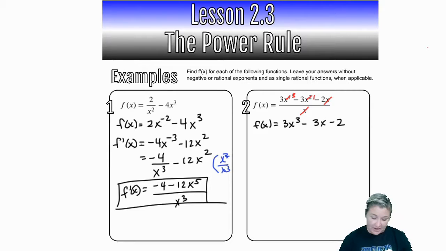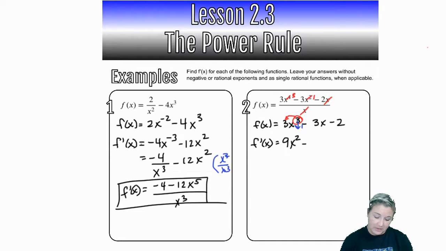So now I'm going to find the derivative of that. It's a little bit easier. So remember, I'm going to take this exponent and multiply it by this coefficient. That's going to become 9x, and I'm going to take the 3 and knock it down by 1. So therefore, I'm going to have 9x squared minus, and then we have 3x.